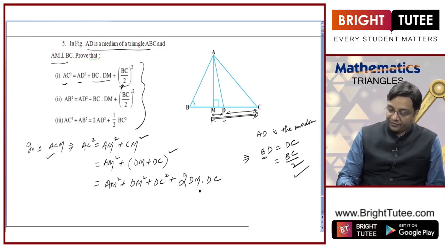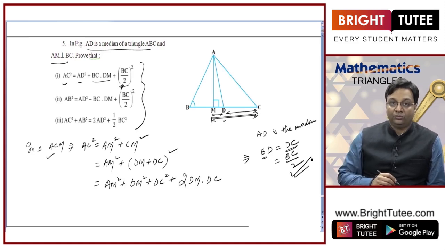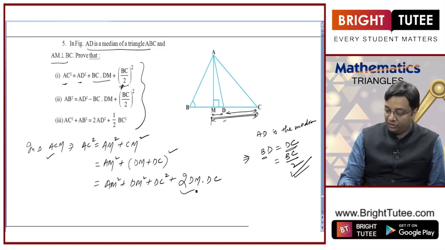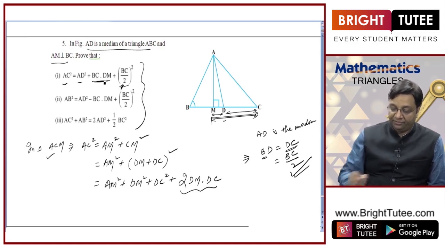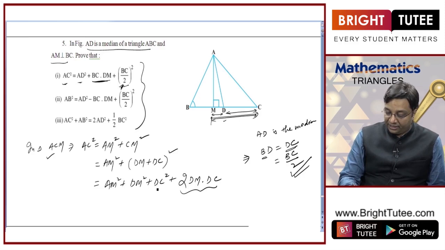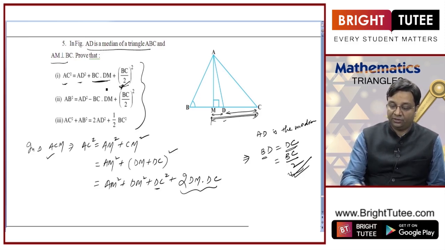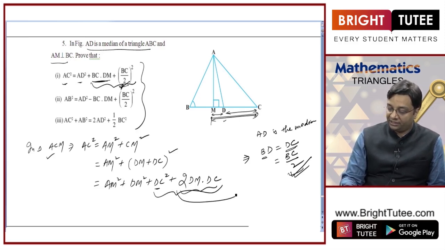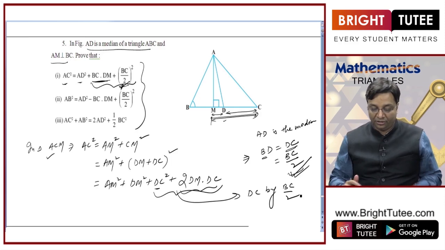Now see, DC I can always replace by BC by 2, that is what I am going to do here, so that I can create BC into DM. And DC square I can replace by BC by 2 whole square. So I can get these two expressions by just replacing DC by BC by 2. You can check it yourself.